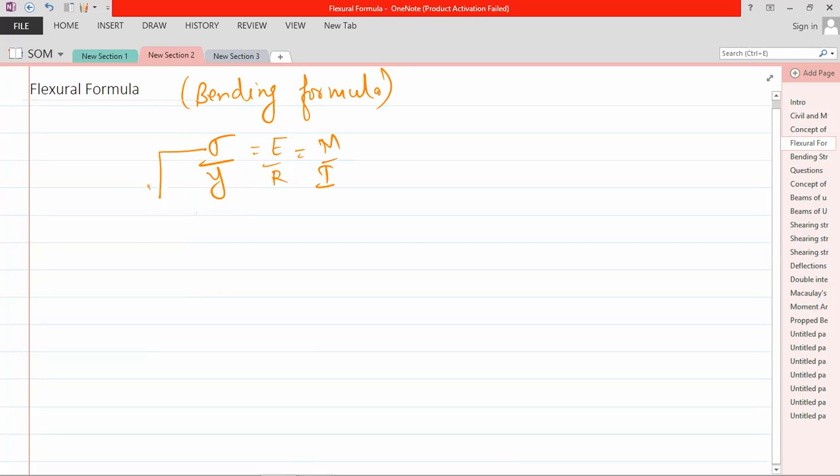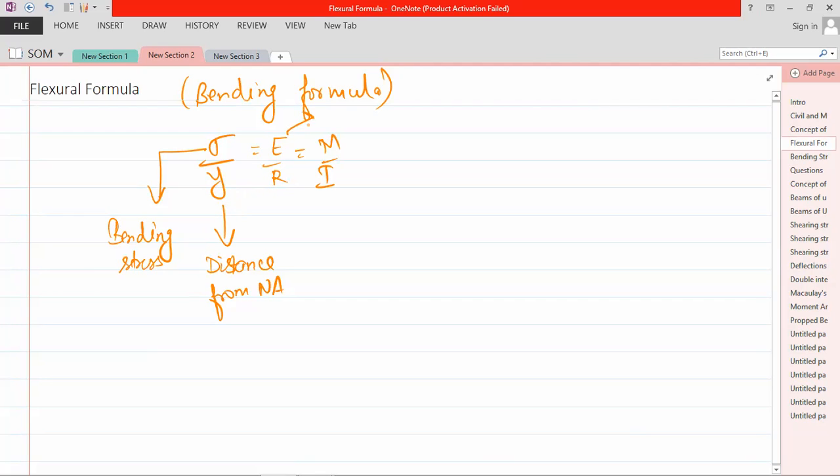What is sigma? Sigma is the bending stress. Y is the distance from the neutral axis, for the fiber at which we want to obtain the bending stress.